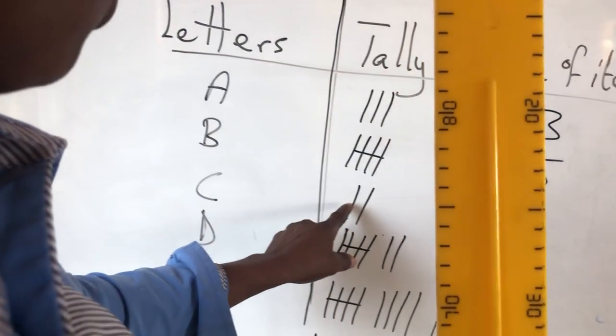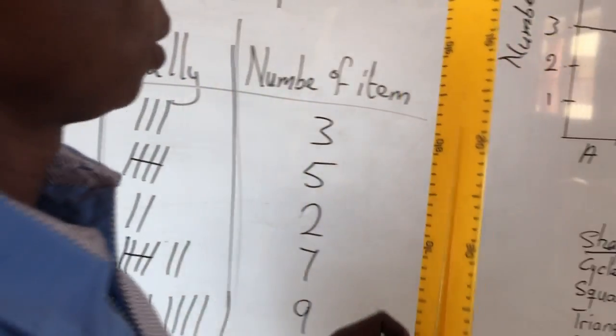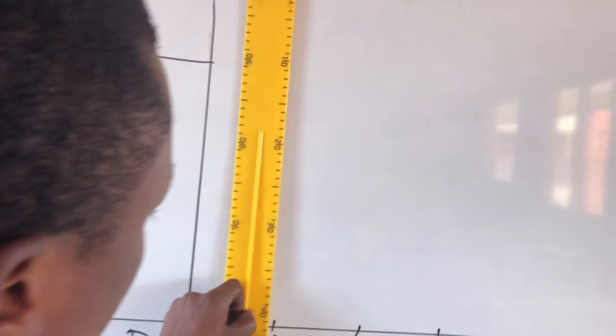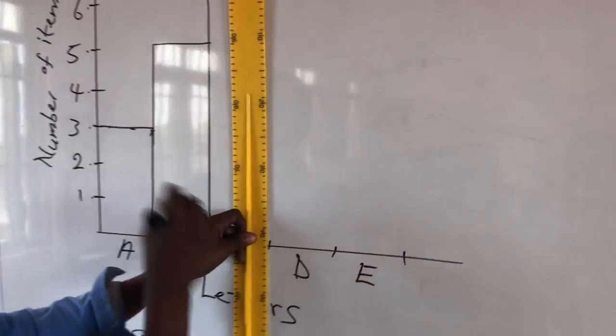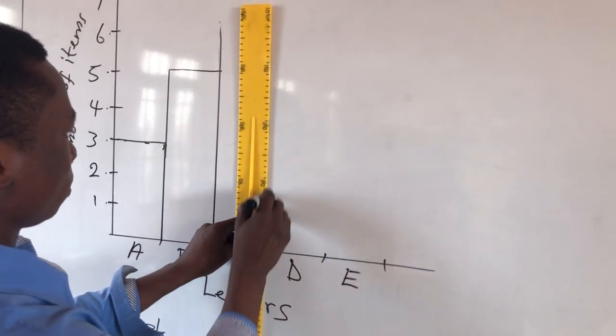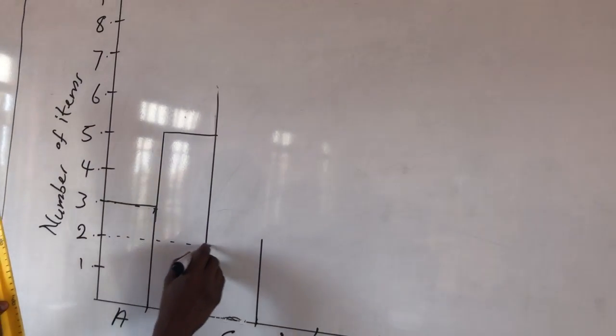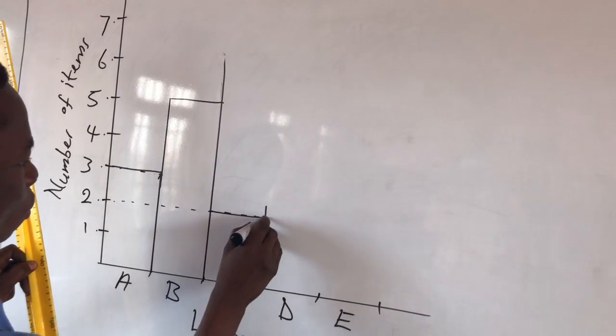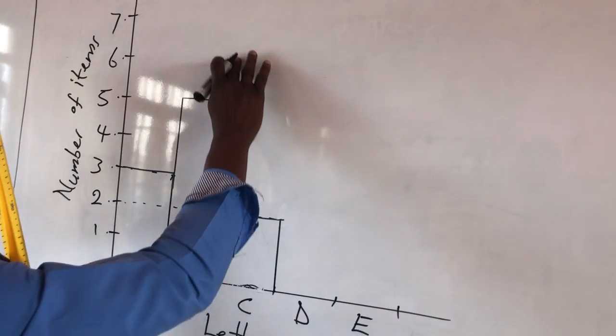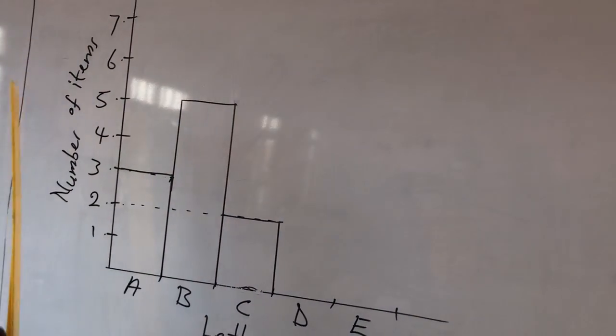The C is 2. So C, you trace to 2. This is 2. I'm tracing to get my 2. So you clean this one, it's more than 5.